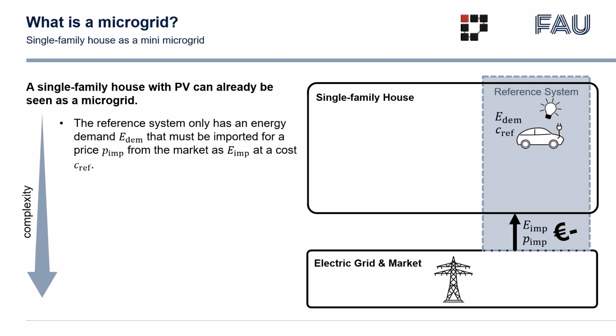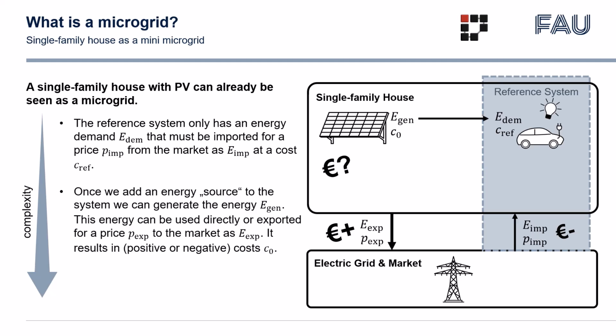Not really a microgrid yet, but once we add a photovoltaic panel to the roof, for example, we can now actually generate or produce energy. So here, energy generation, so gen for generation. And this one might be able to cover your demand.